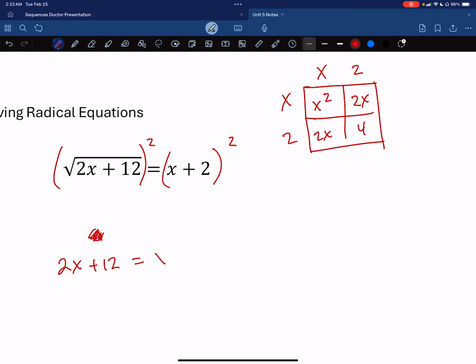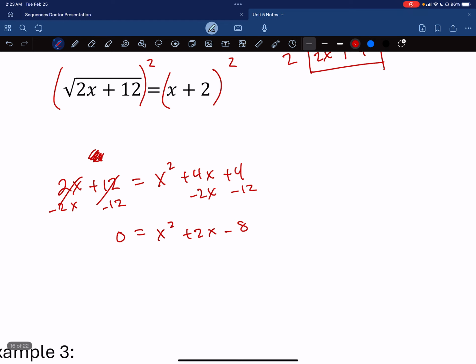We're going to do x squared plus 4x plus 4. Again, we have a square in the problem, so we're going to move everything to the right-hand side. I'm going to subtract 2x. I'm also going to subtract 12. It's going to go away, and left is 0. On the right-hand side, we have x squared plus 2x minus 8.